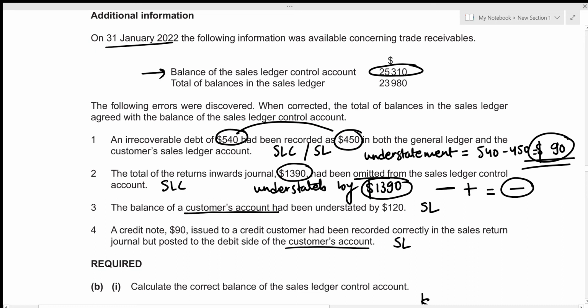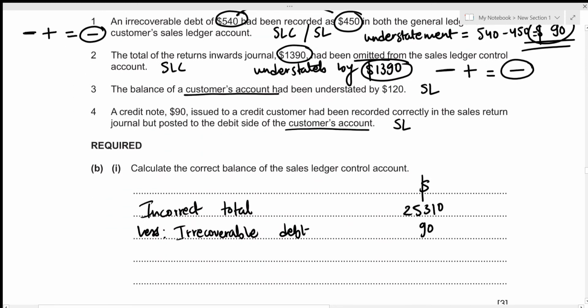Similarly, for the first part as well, we know that it was an understatement and it was relating to irrecoverable debt. And irrecoverable debt is something that reduces the balance on the sales ledger control account. So that's a negative. And an understated amount should always be added back. So that's a positive, which results in a negative. That's why we deducted the amount of 90. Now let's write this amount of 1,390.